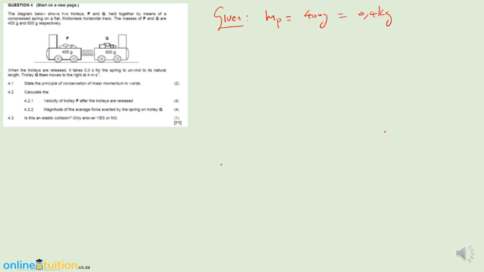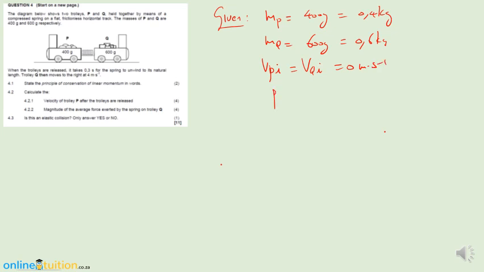Got to do that. The mass of Q is 600 grams, which is 0.6 kg. V1I, or we can say VPI, the initial velocity of trolley P, is equal to the initial velocity of trolley Q, is equal to 0 meters per second.